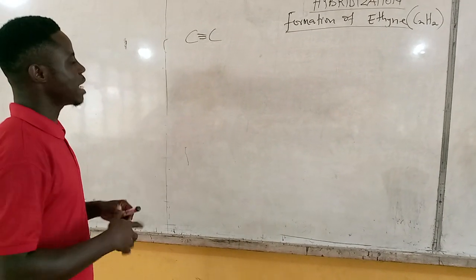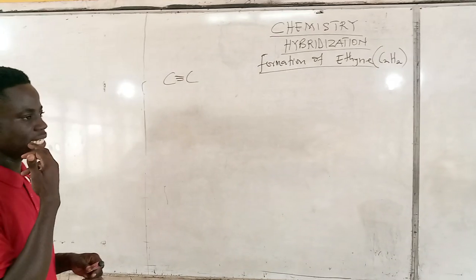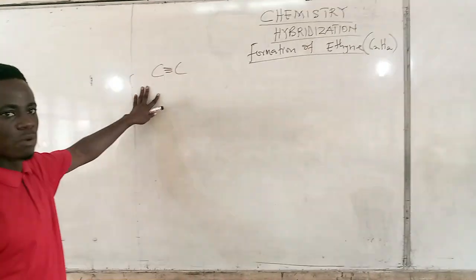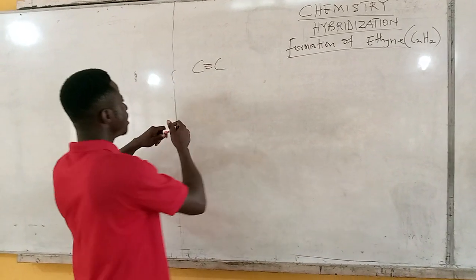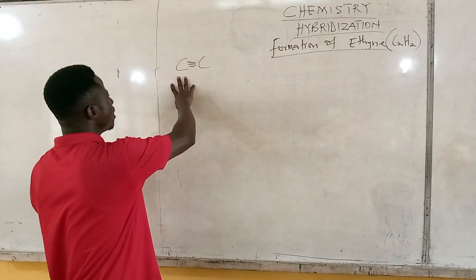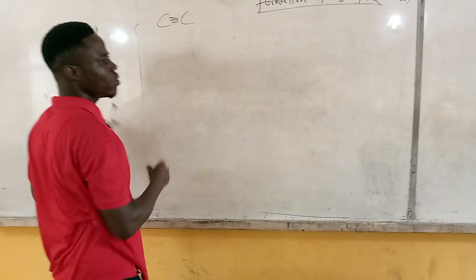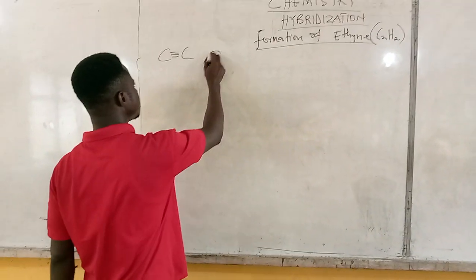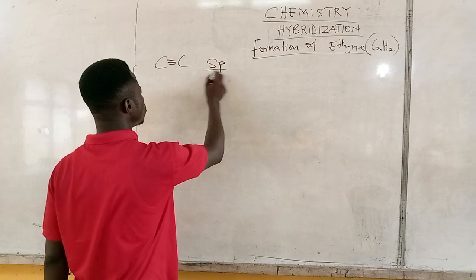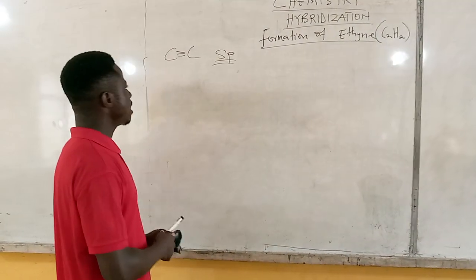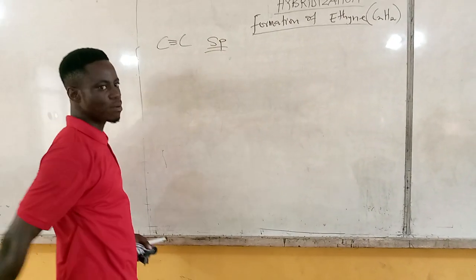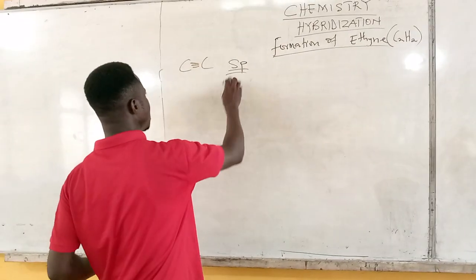Compared to Ethene, which we did in our previous video, Ethyne will be quite more reactive. So anytime we are dealing with a triple bond, the type of hybridization that will occur is sp hybridization. In sp hybridization, it is formed by mixing one s with one p. So let's look at how it is formed.